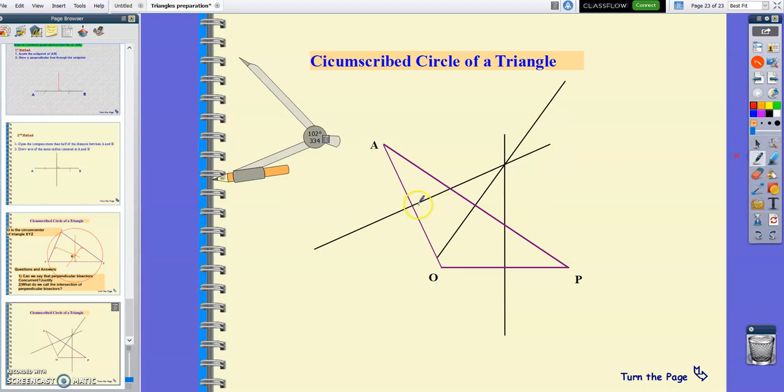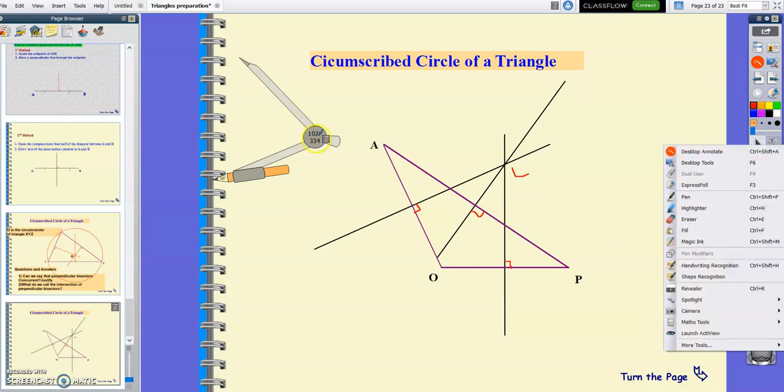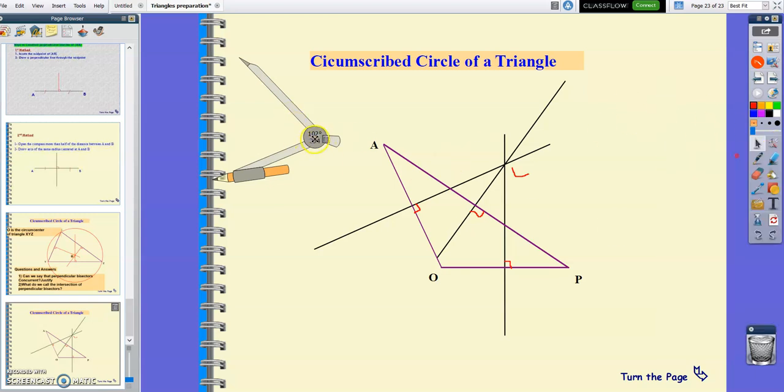So this one, and this one. Suppose that this point is L. Okay, so L is the circumcenter of triangle AOP. Now we will draw the circumscribed circle. Just put the compass on the circumcenter, and the radius will be LA or LP.